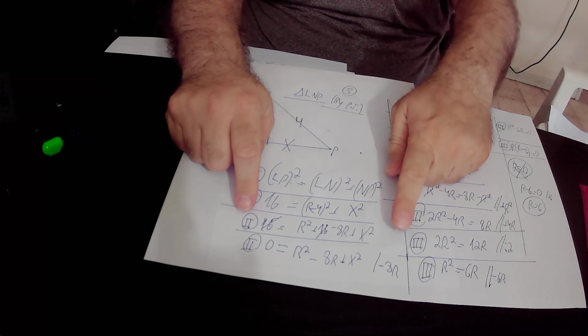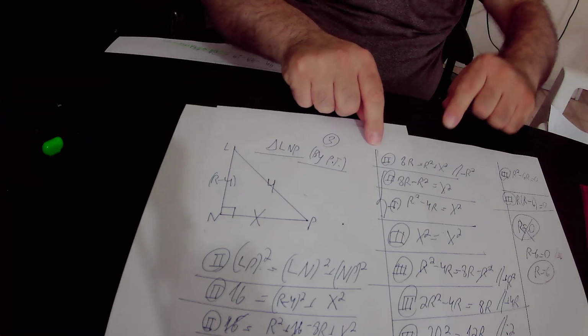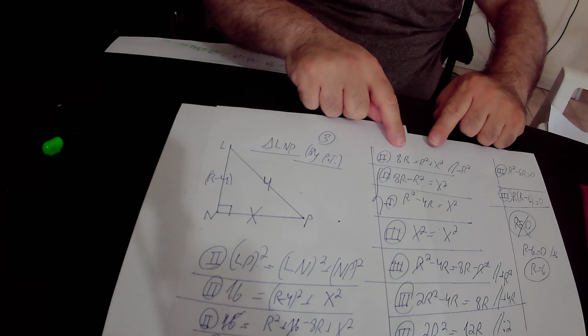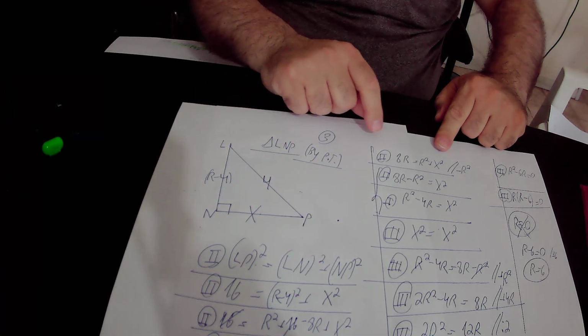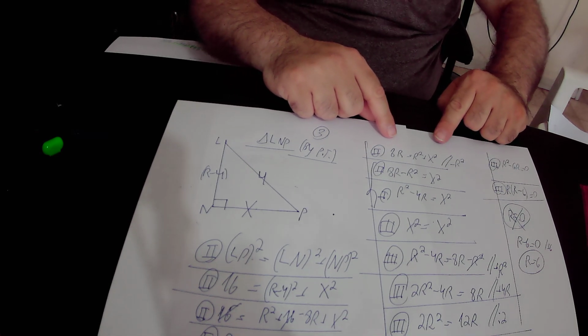Here we added 8r to this equation, equation number 2, and we got that 0 plus 8r is 8r, which equals r squared plus x squared, because 8r minus 8r is 0. So according to equation number 2, 8r equals r squared plus x squared.